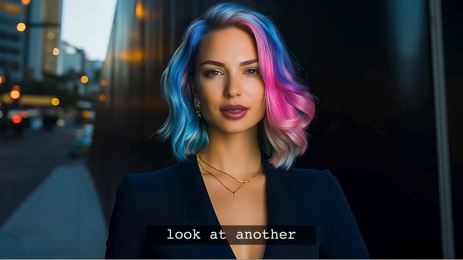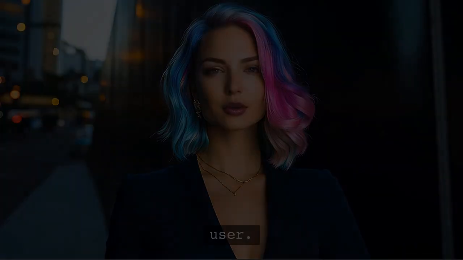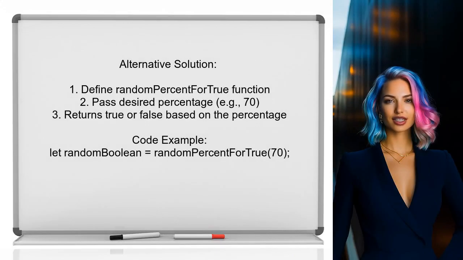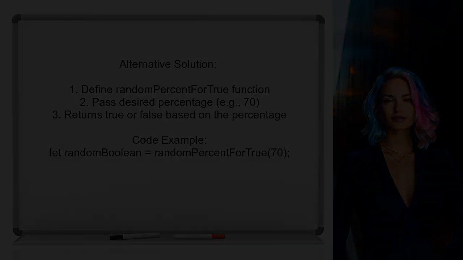Let's take a look at another answer from another user. An alternative approach provided by a user involves creating a function called random% for true. This function takes a percentage as an argument and returns true based on that percentage. For example, if you want a 70% chance of getting true, you would call random% for true with 70.